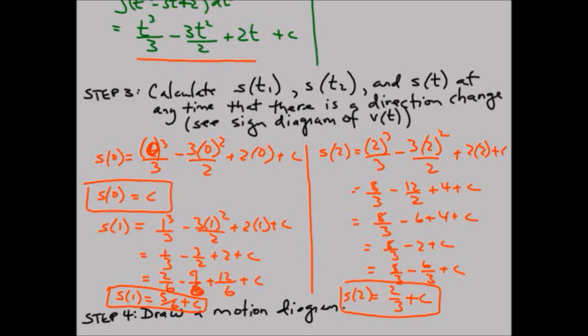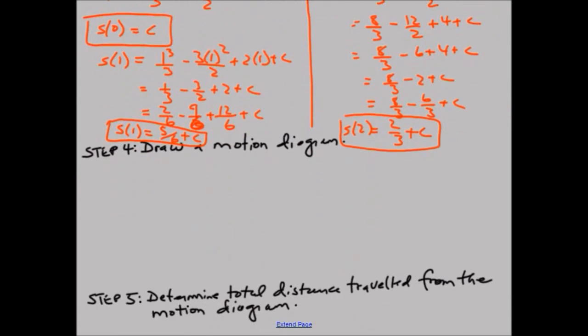And we need s of 4. 4 cubed over 3, subtract 3 times 4 squared over 2, plus 2 times 4 plus c. This is 64 over 3 minus 48 over 2 plus 8 plus c.